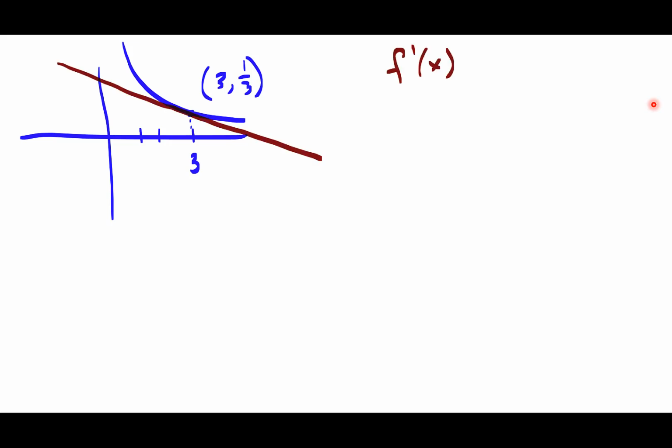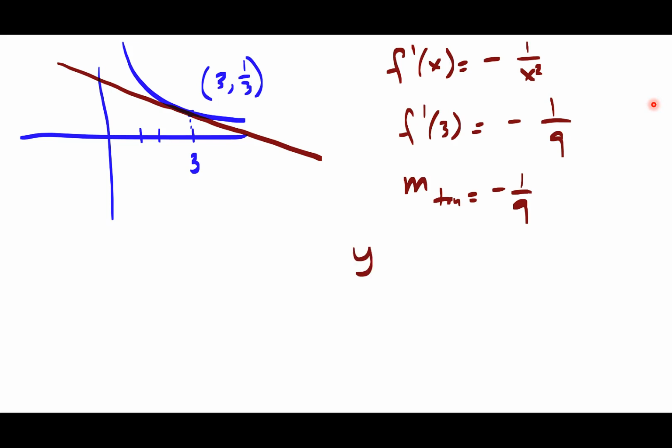So what I have to do is take the derivative of 1 over x, which is negative 1 over x squared. And then I'm going to evaluate the derivative at 3, which will give me my slope. And my slope turns out to be negative 1/9. Cool, got my slope. That's awesome. So slope of tangent line is negative 1/9.